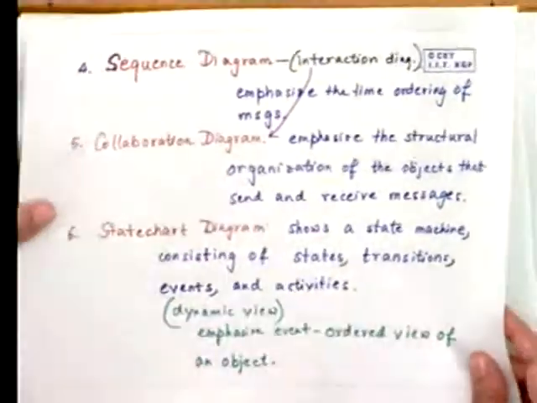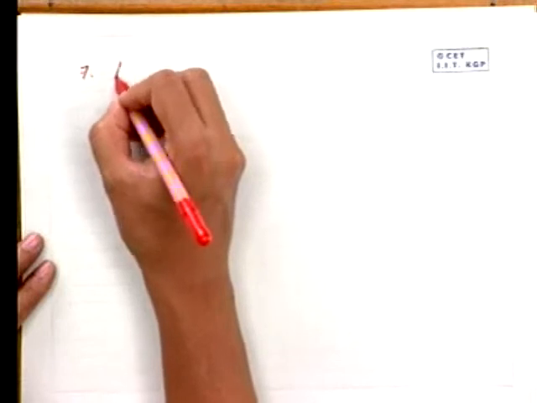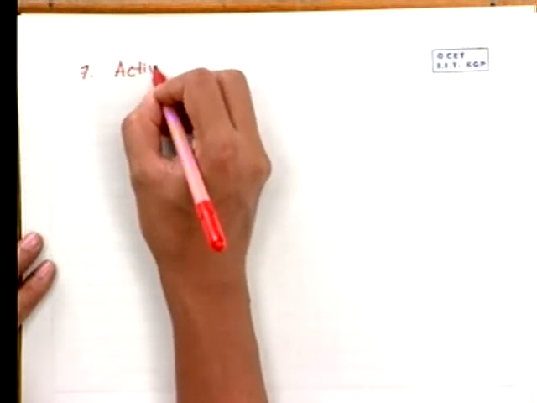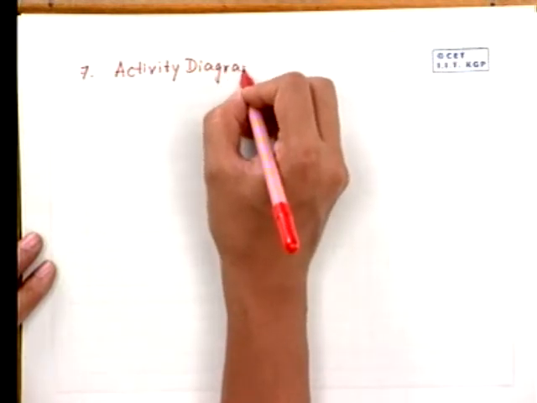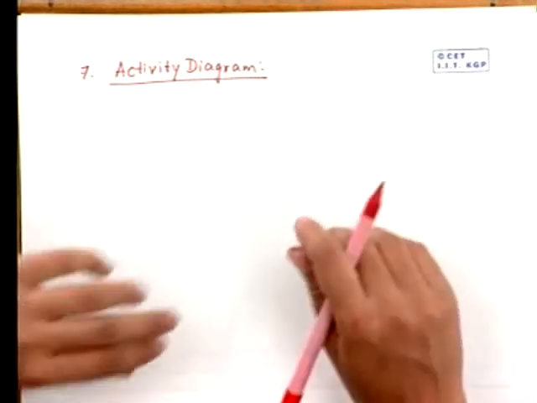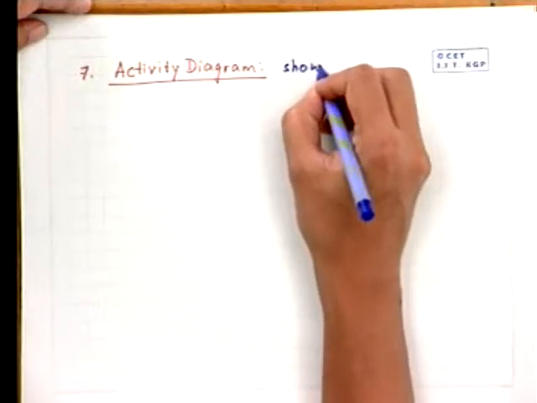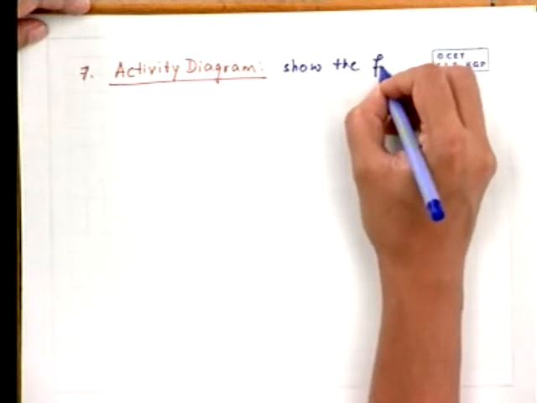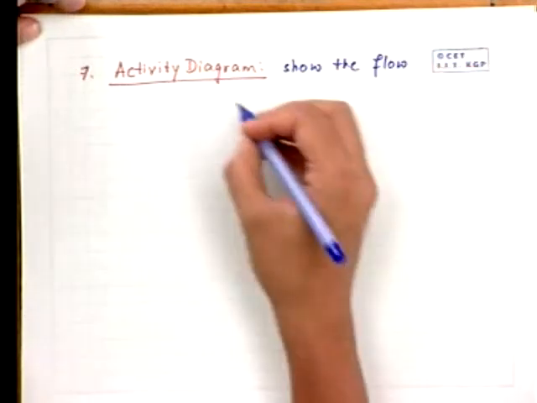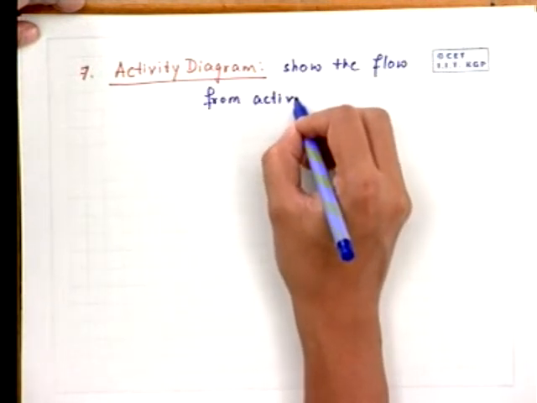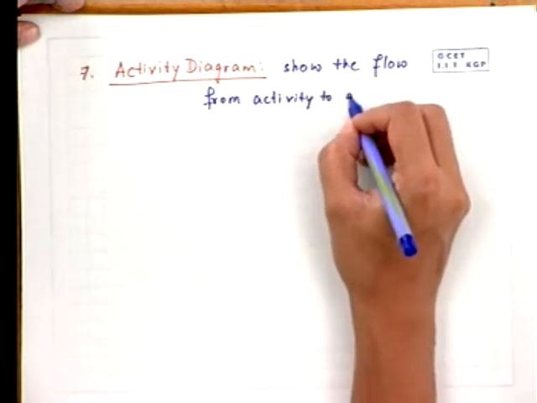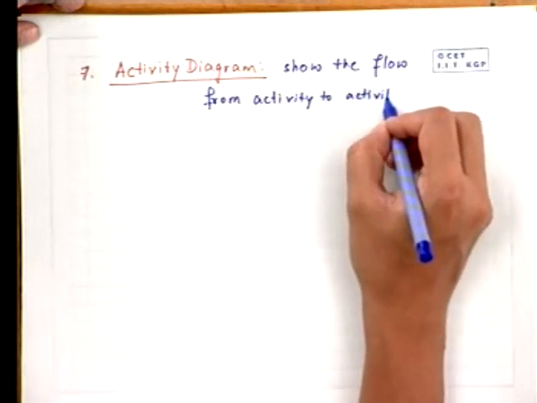Next, we will look at activity diagrams. They show the flow of activity. They show the flow of the system from activity to activity within a system.